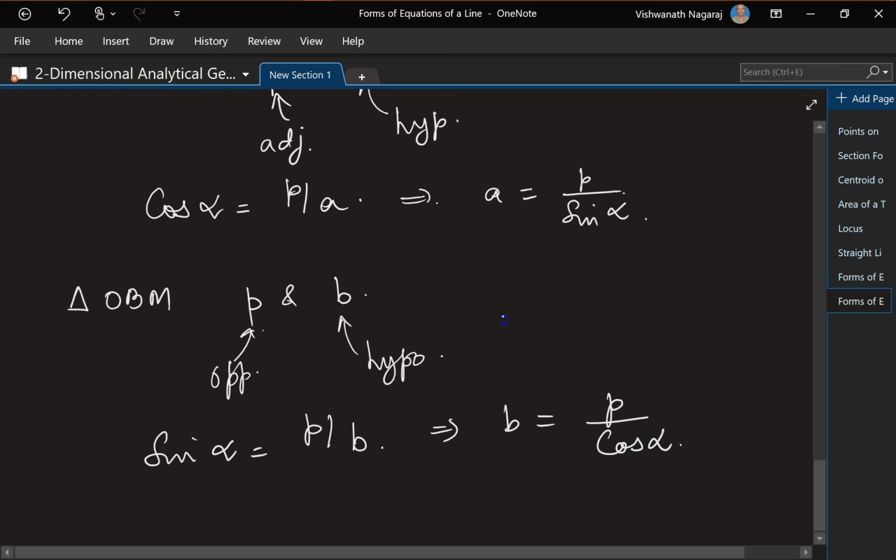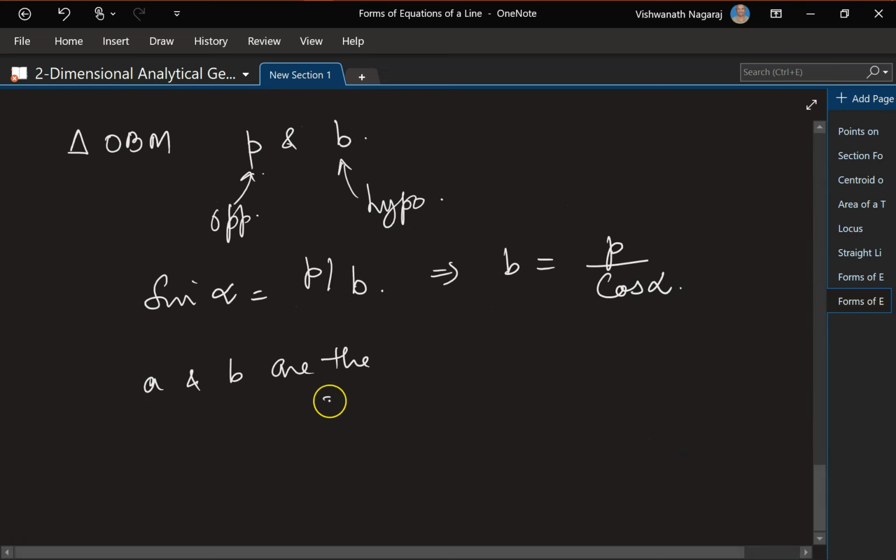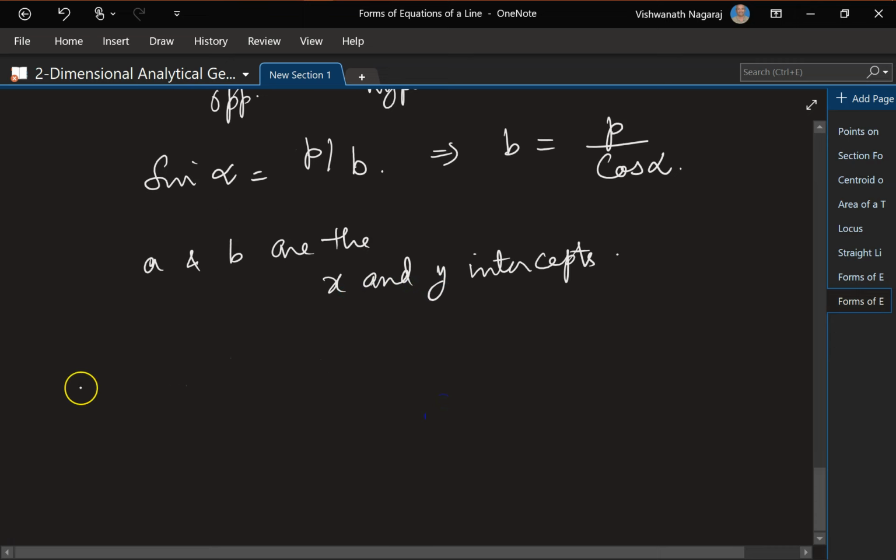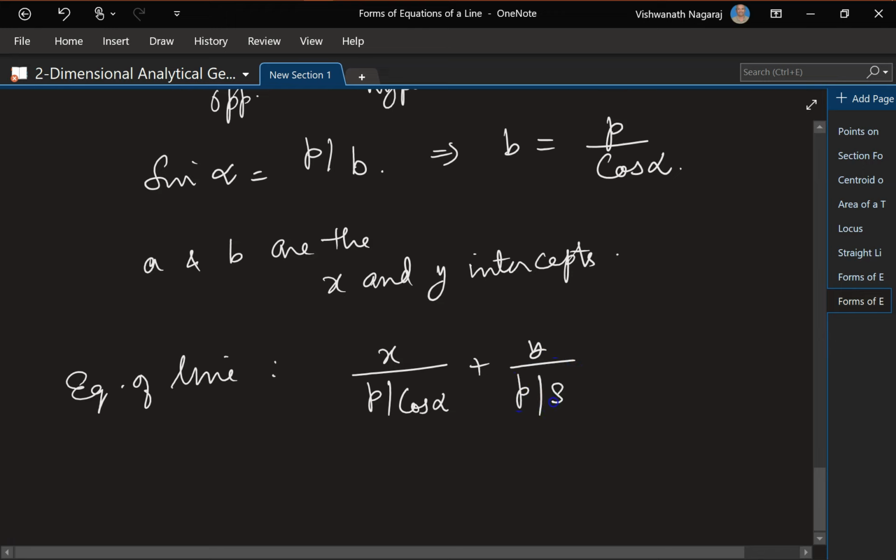Now remember, a and b are the X and Y intercepts. So the equation of a line becomes x by (p by cos alpha) plus y by (p by sine alpha) is equal to 1.